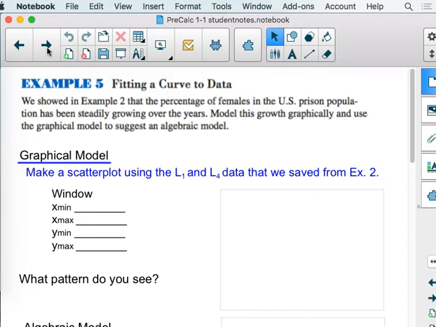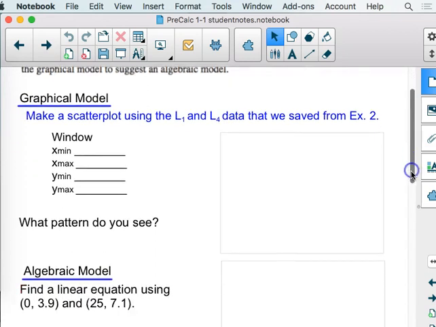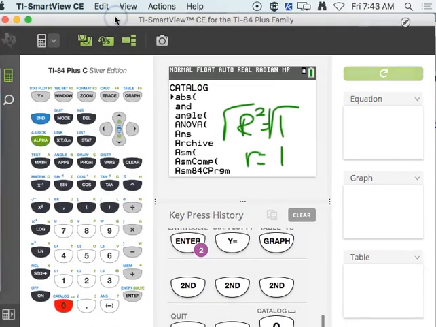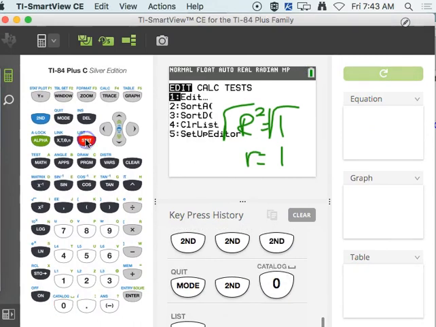Okay, good. So we're going to make a scatter plot using list 1 and list 4 data that we saved from example 2. That was about those percentages. So it was years and then it was percentages. So let's get back in here and take a look at that data.